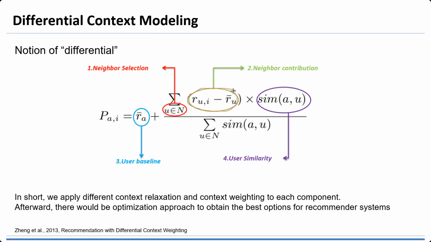We do not need to calculate all the R, but we just need to calculate the average of the rating based on the particular context. And for the similarity, you can use something like Dice with some weights. And then you can do the summation. After that, you can add the average rating.